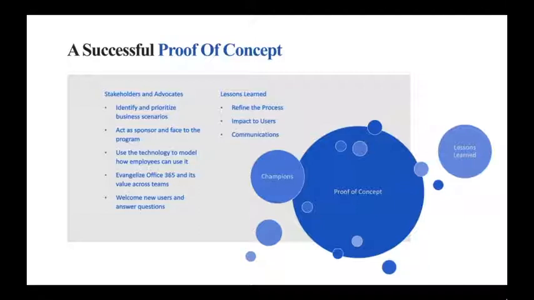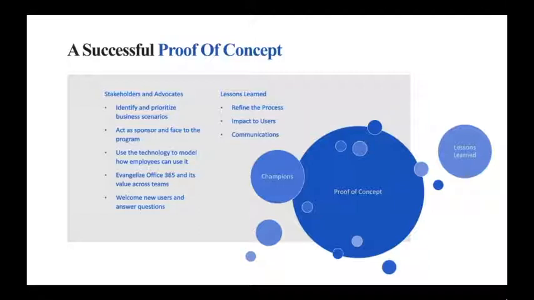And how you as IT are going to communicate that to your users is much better seen from one of their peers or one of their coworkers, seeing how they can use it to do their job more efficiently. So we find that to be a huge benefit in having your stakeholders and advocates that will really evangelize what you're trying to do with Office 365 to your coworkers.